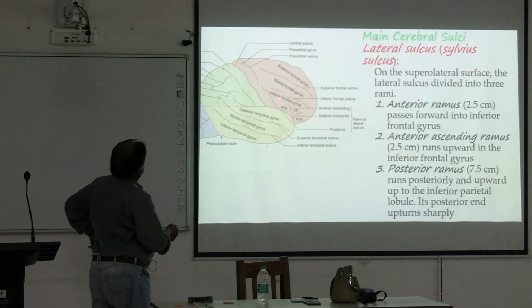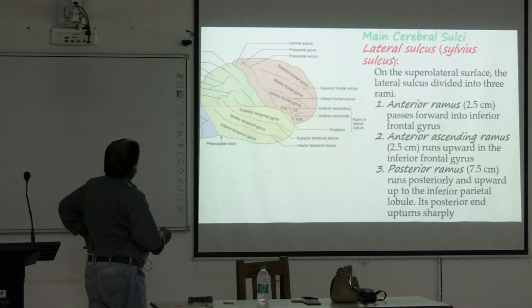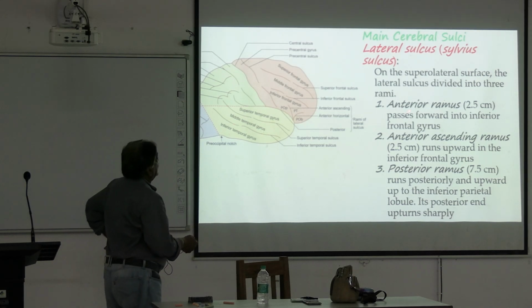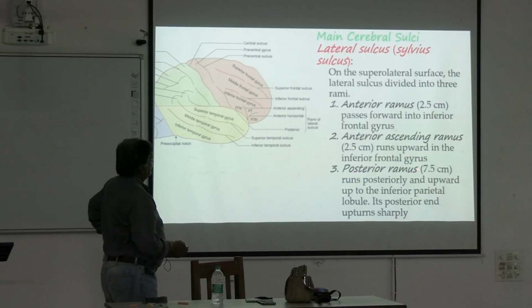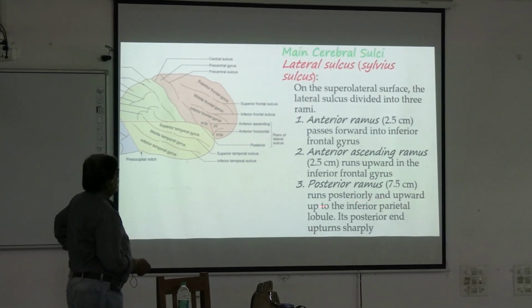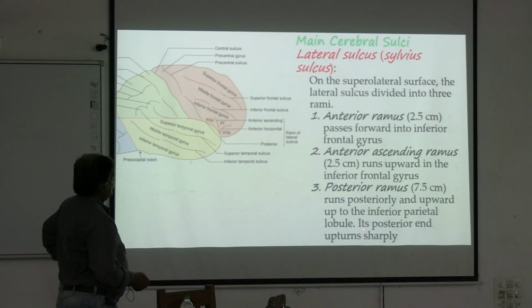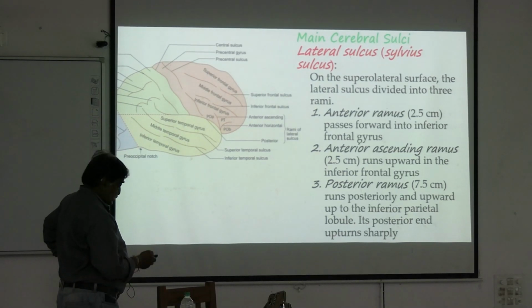Now, this is the inferior frontal gyrus, middle frontal gyrus, superior frontal gyrus, superior temporal gyrus, middle temporal gyrus, inferior temporal gyrus. Now, the anterior ramus passes forward into the inferior frontal gyrus, anterior ascending ramus runs upward in the inferior frontal gyrus, posterior ramus runs posteriorly and upward to the inferior parietal lobule, its posterior end upturns sharply.